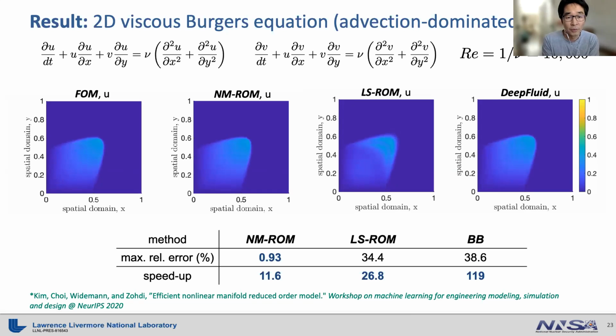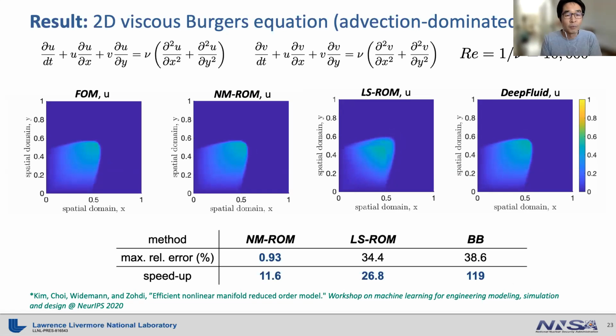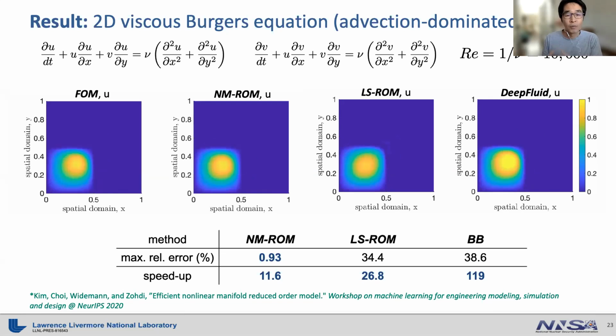Furthermore, the speedup of around 11, although smaller than 26 or 100, is still considerable, knowing that the reduced model has been applied to this small problem, 2D Burgers' equations, and our back of the envelope calculation shows that NNROM will achieve a better speedup as we apply this technique to larger scale problems.